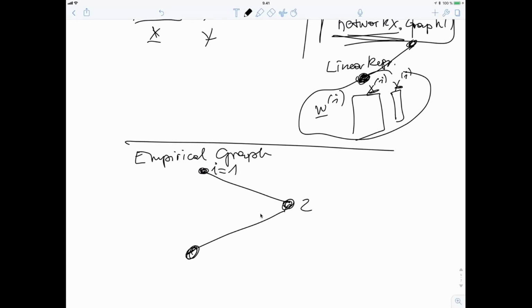So the node index is always a natural number, and the number of nodes is the last index. Here we have 3 nodes, so the node index goes from 1 to 3. Okay, so far so good. We attach to each node a feature matrix X^(i) and a label vector y^(i).